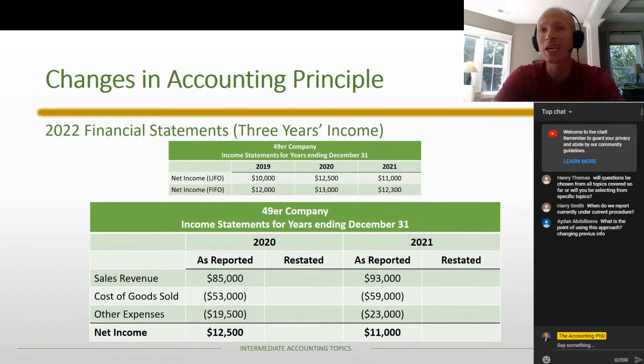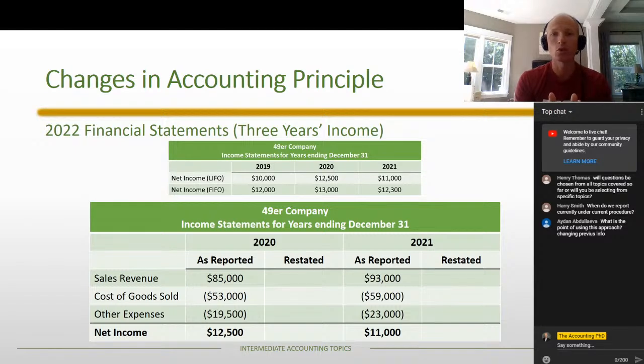However, an income statement is an annual disclosure. It's talking about income just for that year, just for 2019, just for 2020, just for 2021. So when we're talking about the journal entry, it's the cumulative effect. When we're talking about the income statement, we need to think about the annual effect.